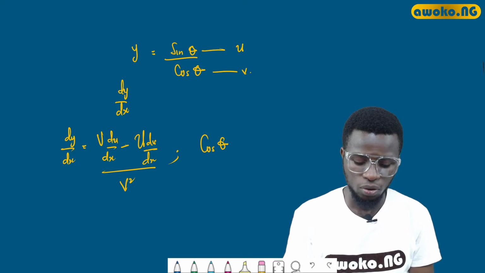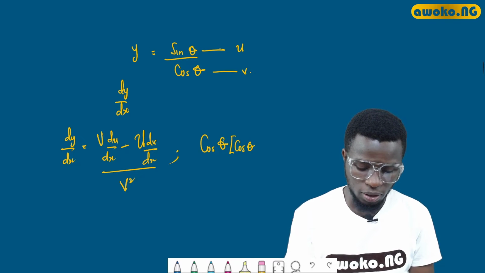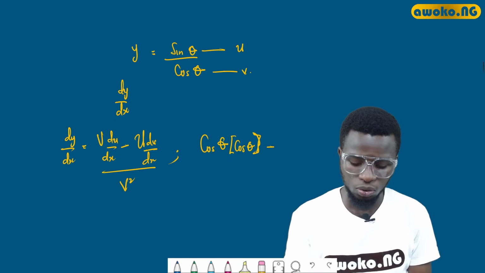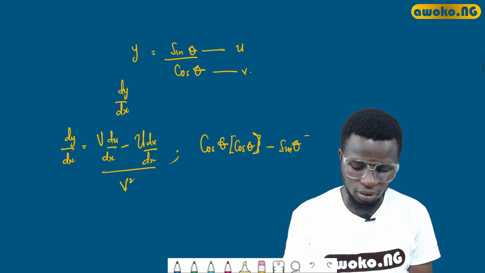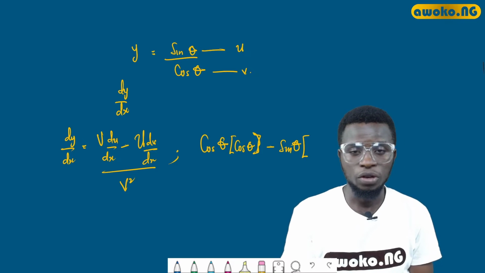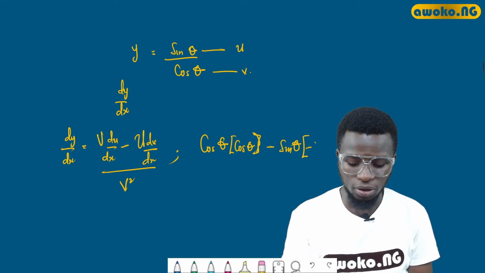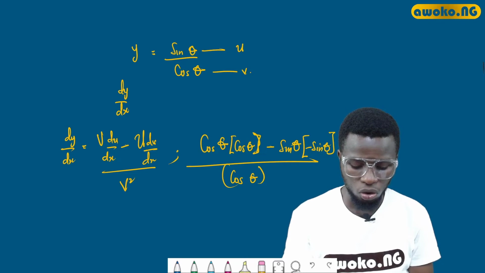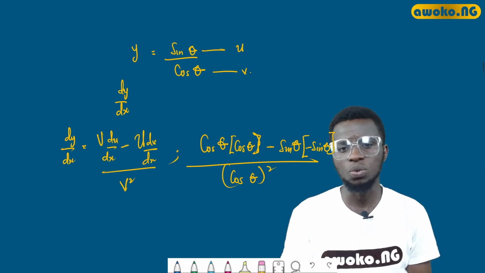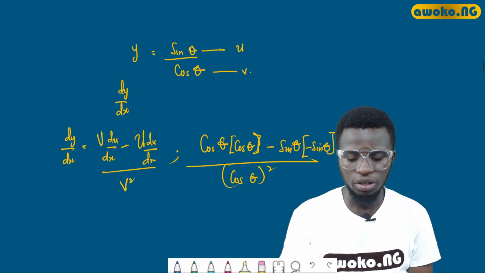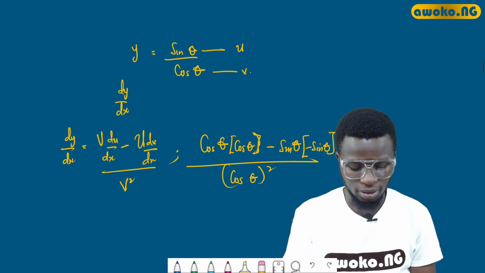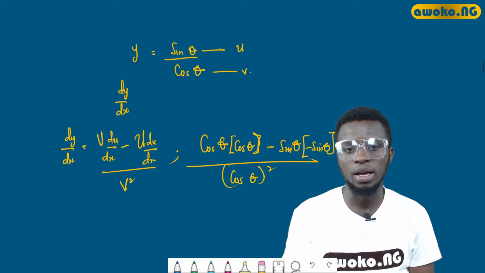So we have cos theta times cos theta, then minus, keeping u constant, we have sine theta into differentiating cos theta will give us minus sine theta, then all over cos theta all squared. Now since we have this, it is very easy for us to move over to the next step, which is to multiply through.